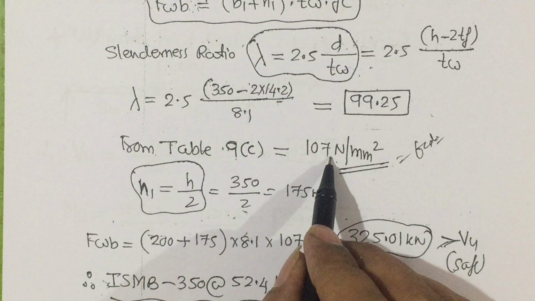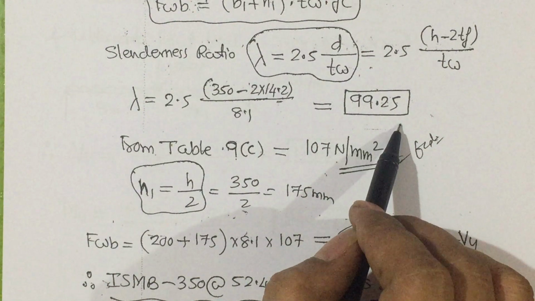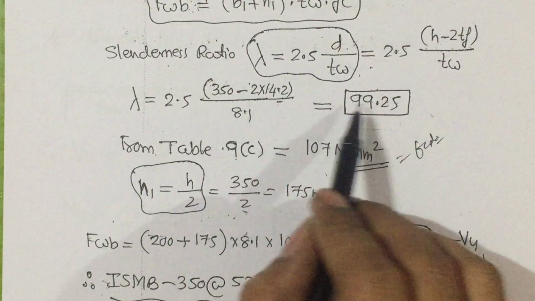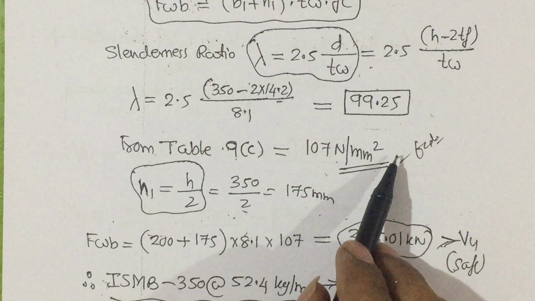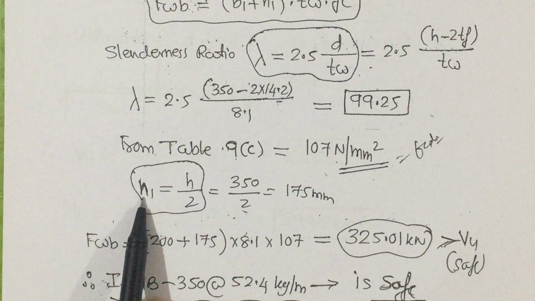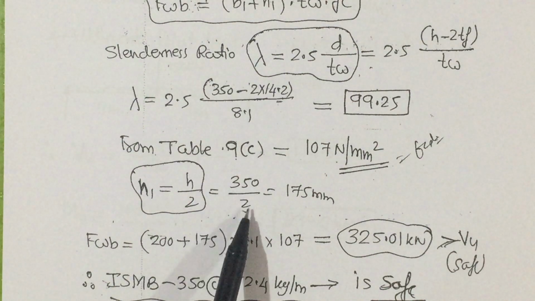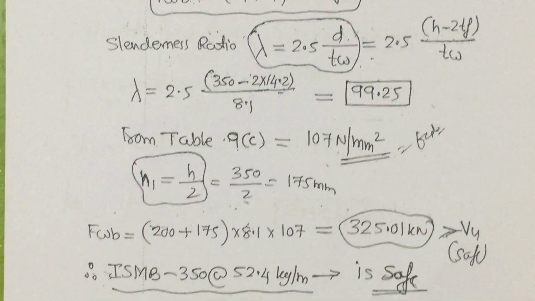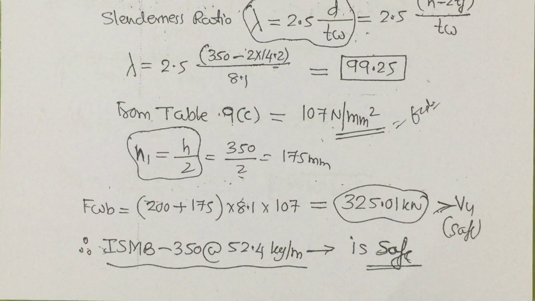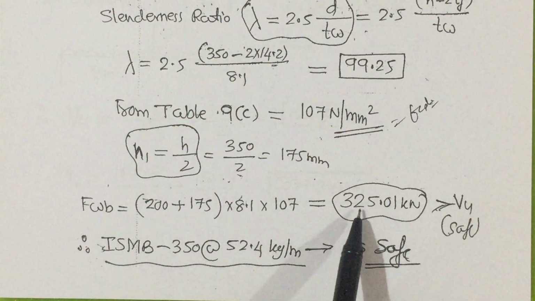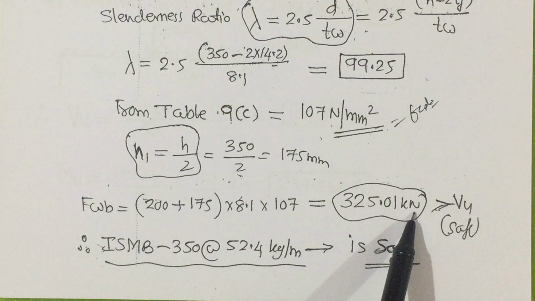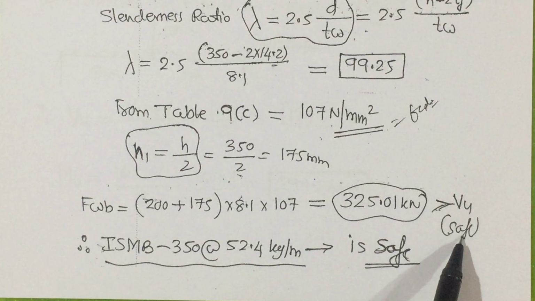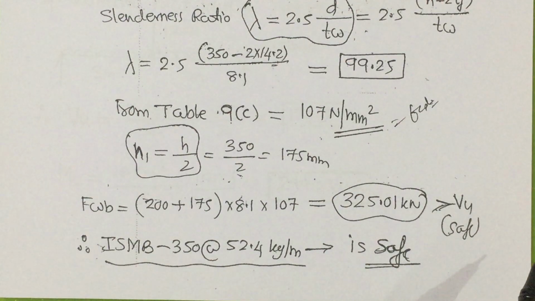Sometimes you will not get it directly, so you need to do interpolation, between 90 and 100, for 99.25. After interpolation we got 107 Newton per millimeter square, that is fcd, where n1 is given by h by 2, that is 350 by 2, 175 mm. Substituting all the values, Fwb comes to 325.01 kilonewton, which is greater than the ultimate shear force. Therefore, our design is safe.